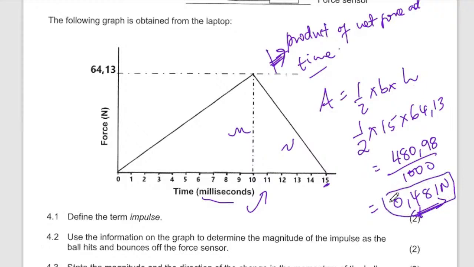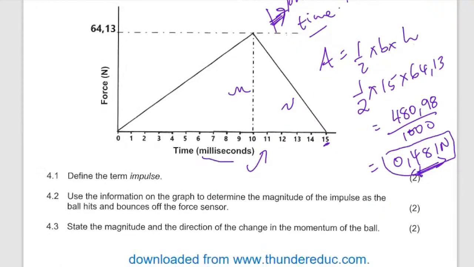So this 0.48, since it's positive, we're going to take it to be upwards. But then, what is the question asking for? The magnitude and direction. So 0.481 newton seconds upwards. It's upwards, positive.